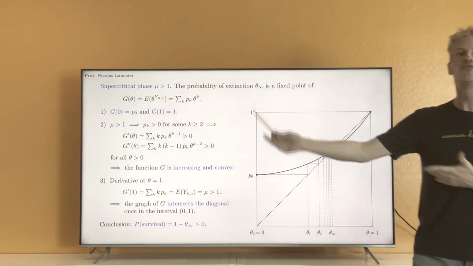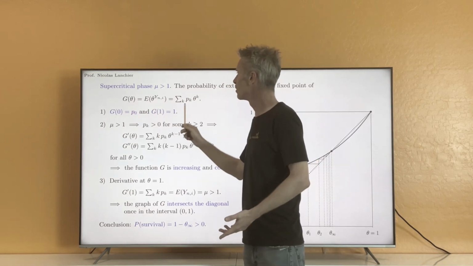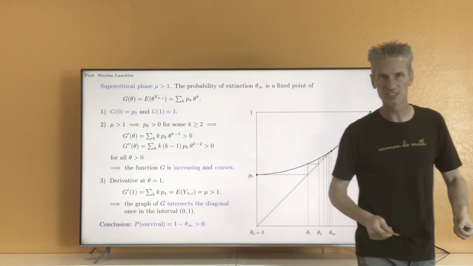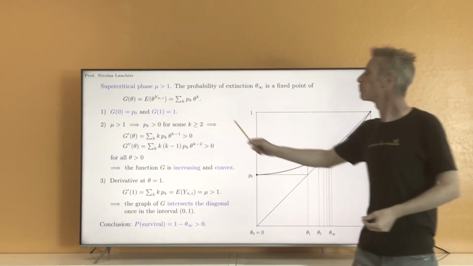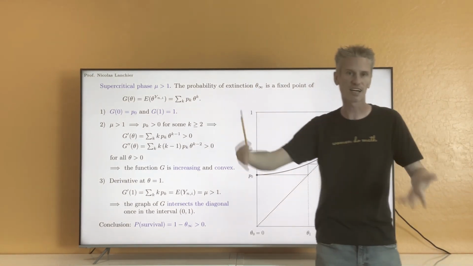But for a very general offspring distribution, where many of the pKs are strictly positive, it's possible that you cannot find the solution.